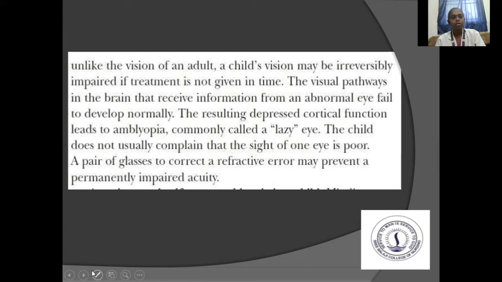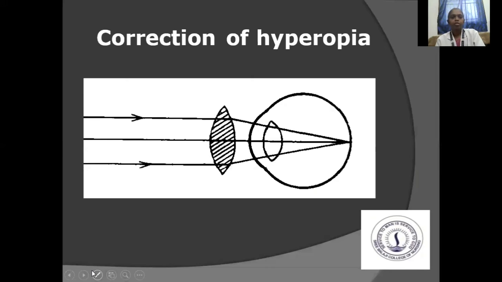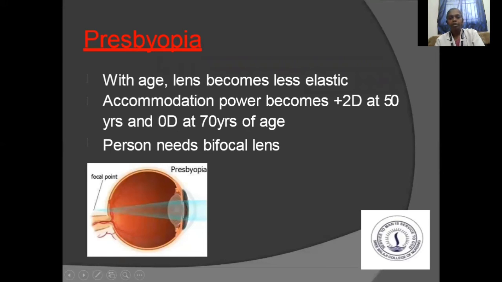A pair of glasses to correct a refractive error may prevent a permanent impairment in visual acuity. So this way we can treat hyperopia. See, when you provide a lens like this, we can bring the original image back to the proper position in the retina. Another important refractive error is presbyopia.